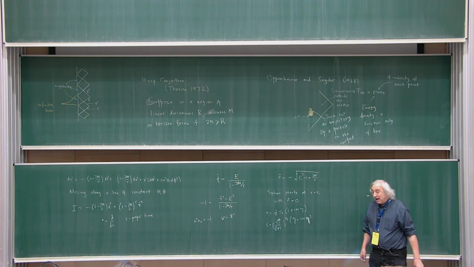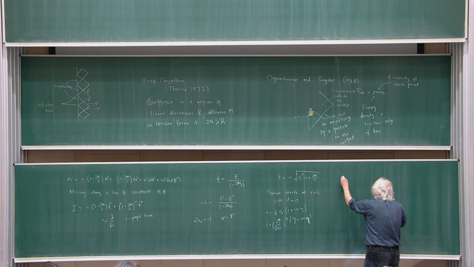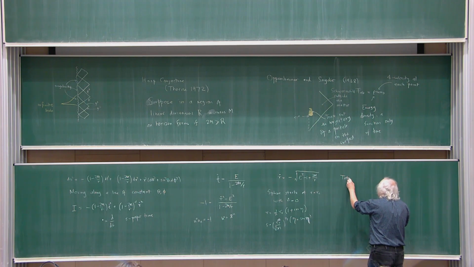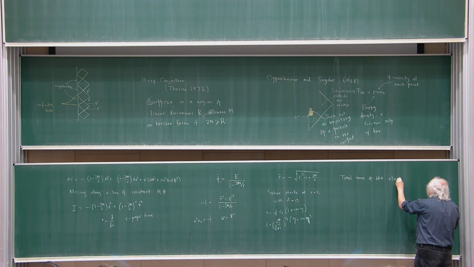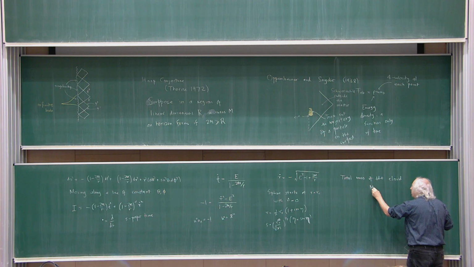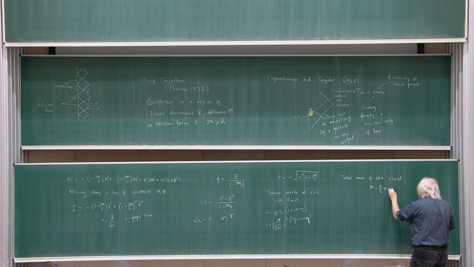Note that the total mass of this cloud of stuff is m equals 4/3 pi rho naught r naught cubed, this being the initial density.